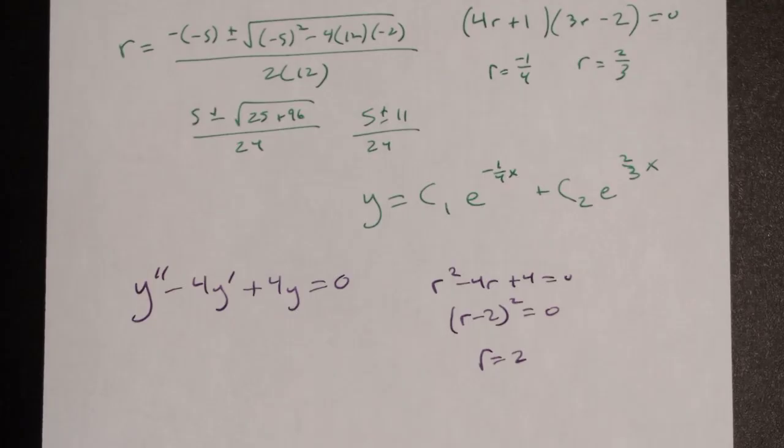It'd be the same thing, wouldn't it? And that won't be independent. I only have one solution instead of two. I need two solutions. It's a second order differential equation. I should have two linearly independent functions to make my fundamental set. I only have one.